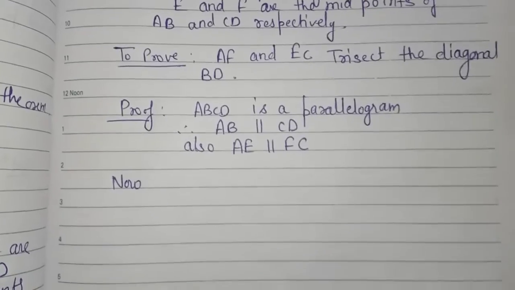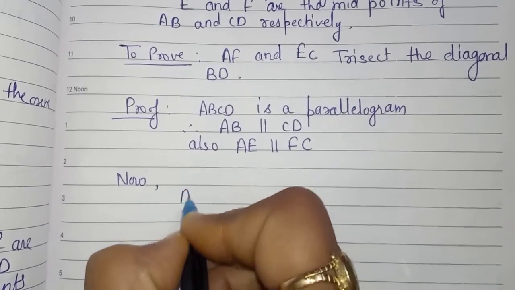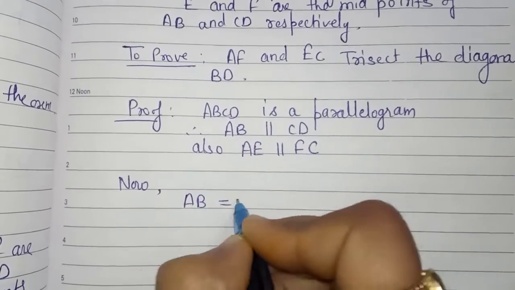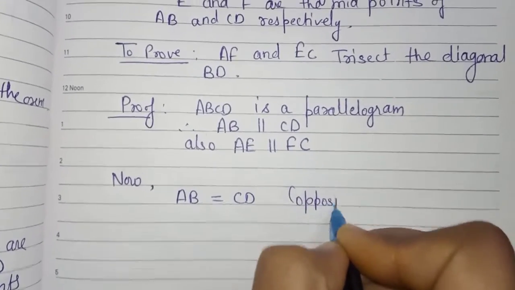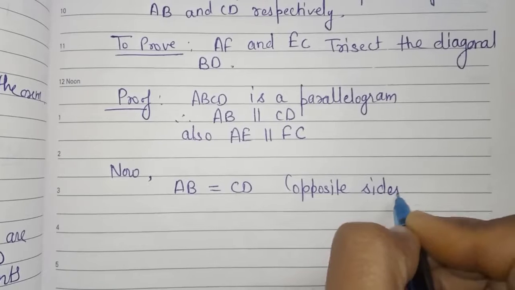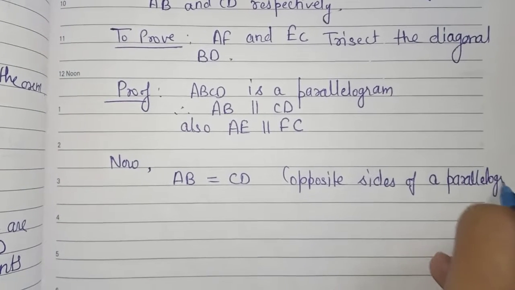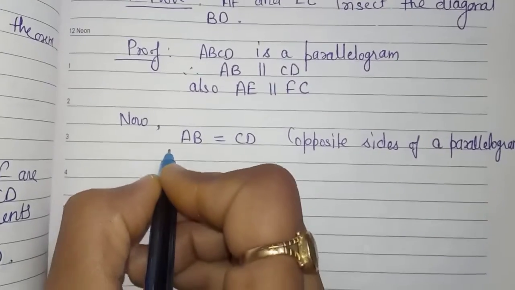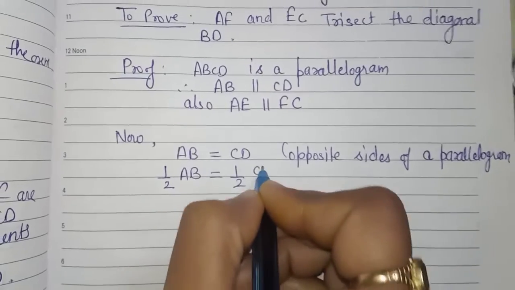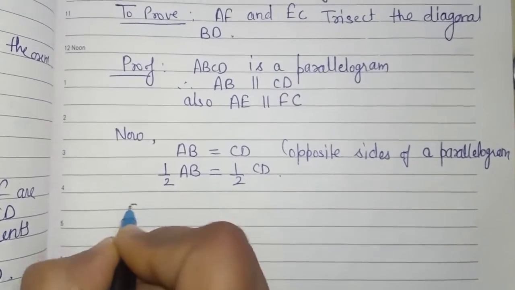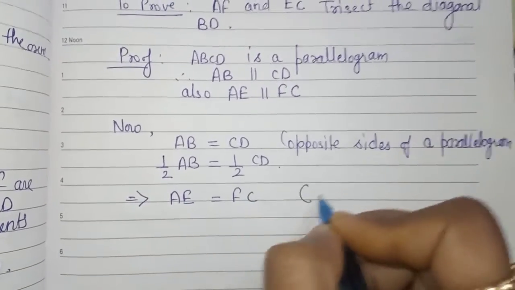Now, in a parallelogram, we also have a property that opposite sides of a parallelogram are equal. That is, AB is equal to CD. It means half of AB is equal to half of CD. Implies AE is equal to FC.